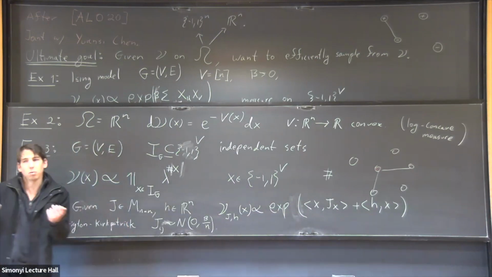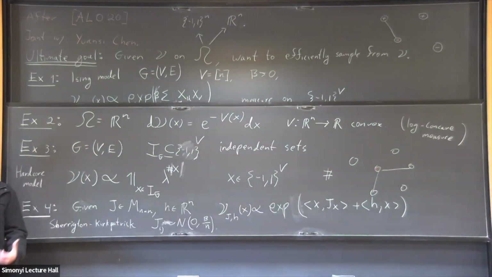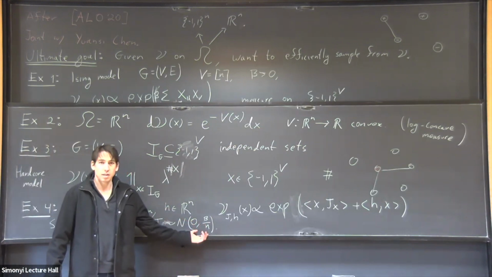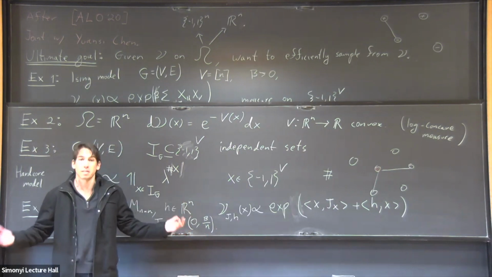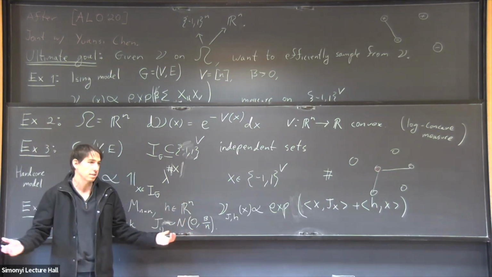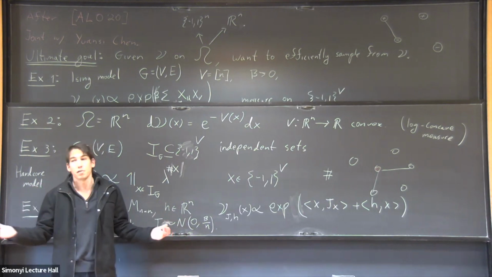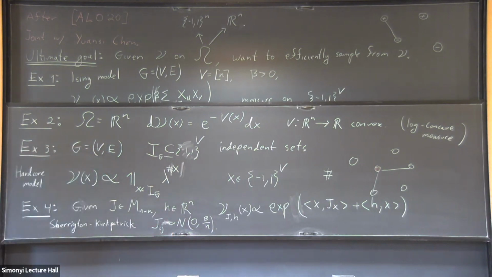So all the interactions between particles are IID Gaussians. So we're thinking about it: I first generate these Gaussians, then my model is fixed. I've already randomized these Gaussians. And now I have the extra randomness. I basically have a random probability measure on the discrete hypercube. And we want to sample from it. Okay.